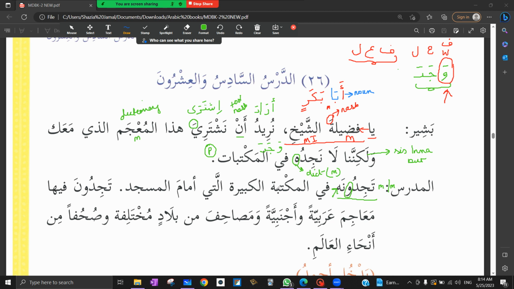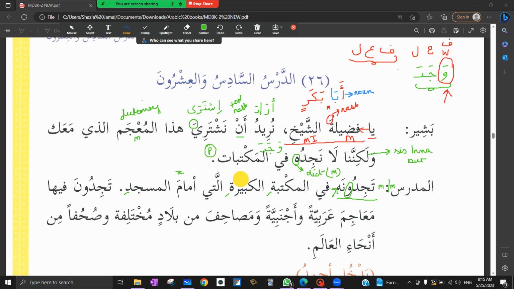Fi al-maktabatil kabirati. Because of the harf jar, it will be al-maktabatil kabiratil lati amam al-masjidi. Zarf, and the noun that comes after zarf will be in majroor case. And you will find this in the library, the big library.